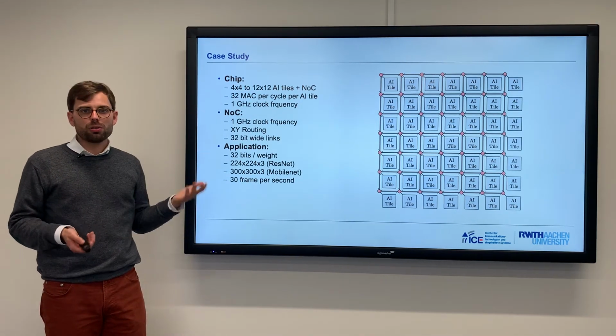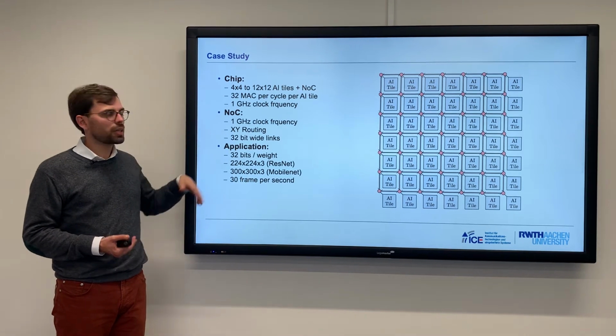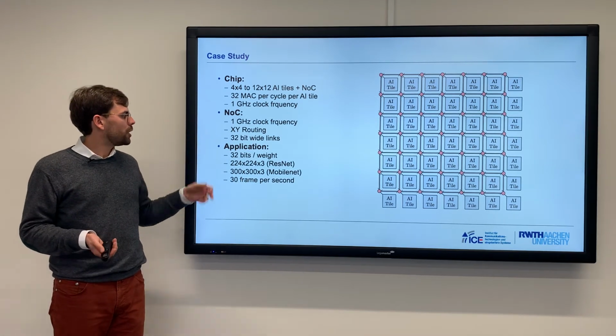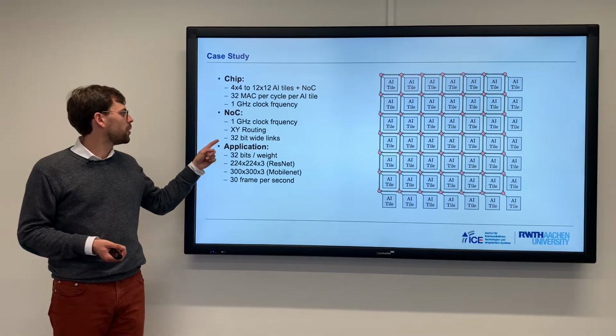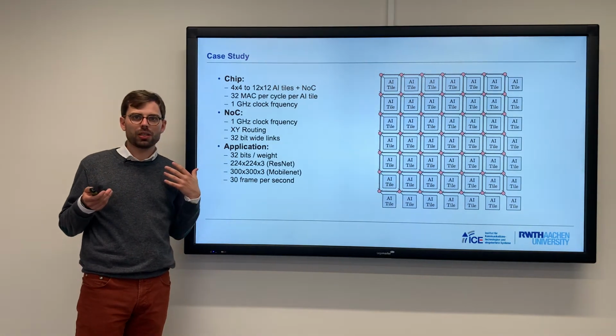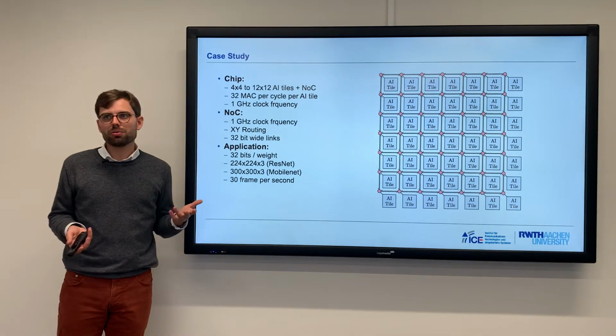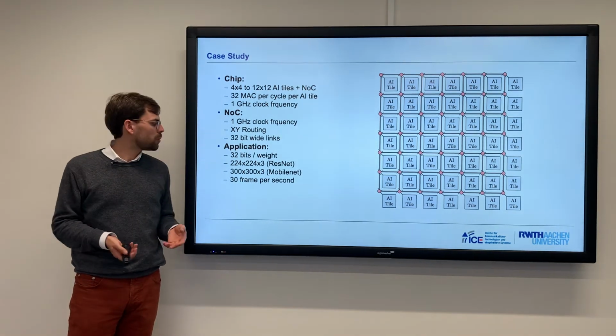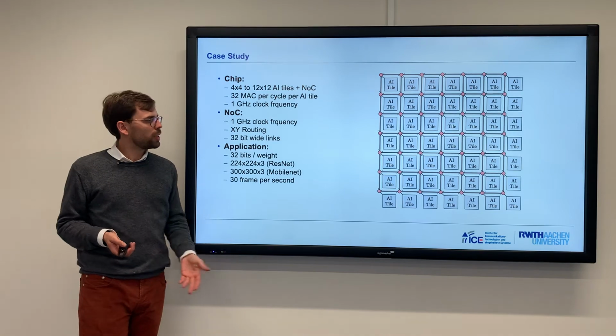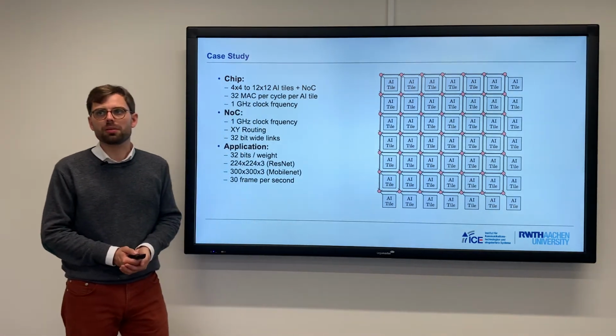We do 32 MAC operations per tile with a 1 GHz clock frequency. We use conventional XY routing and 32-bit weights in our neural network with conventional input resolutions that you would find in academic papers and 30 frames per second. So basically something that looks similar like this here.